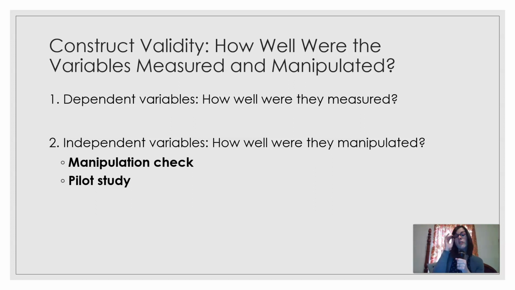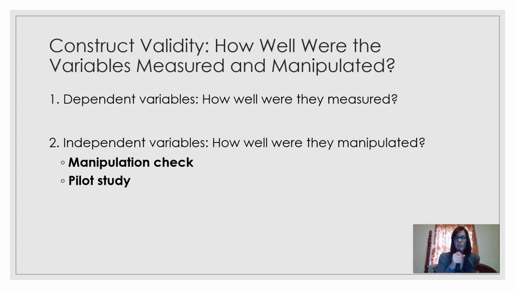So for a manipulation check, a very common way of looking at the effect of emotion on different types of psychological processes that researchers like to do is something called a mood induction. So they like to temporarily create an emotion in somebody that will influence future behavior. So you want to make sure that that works.